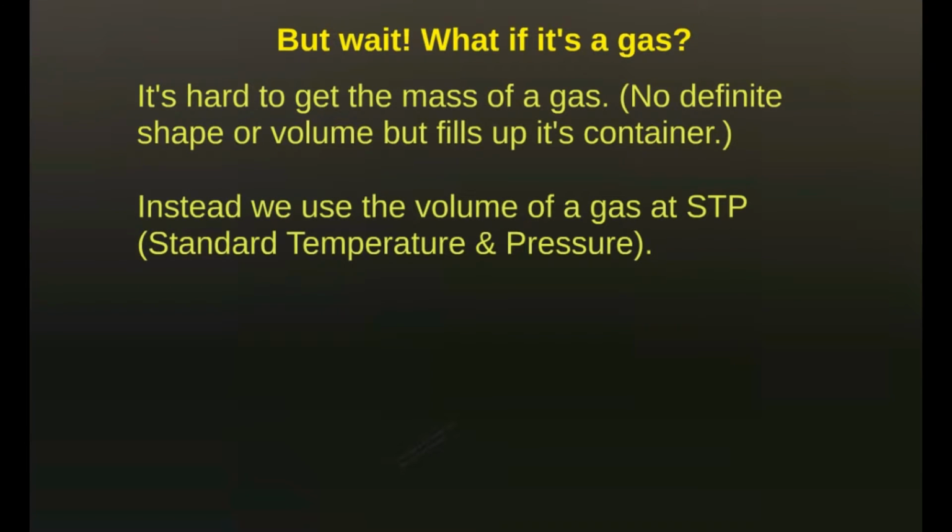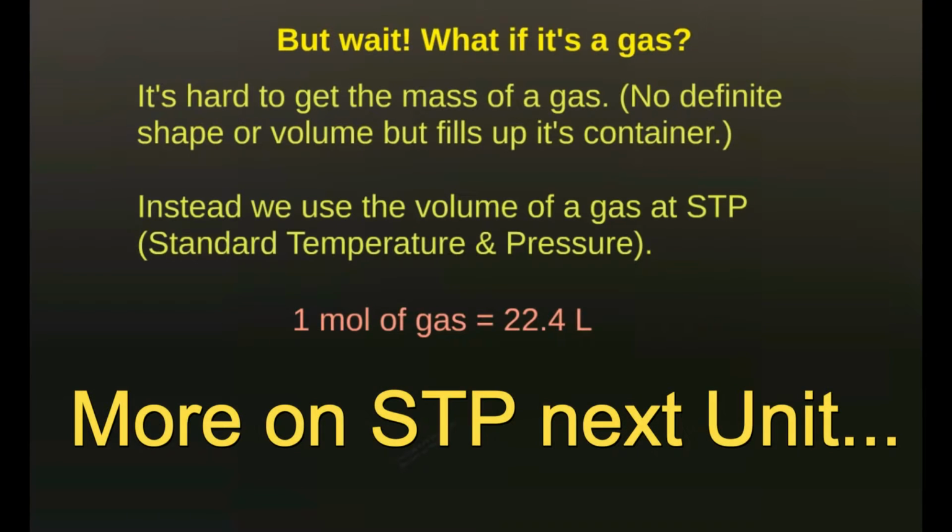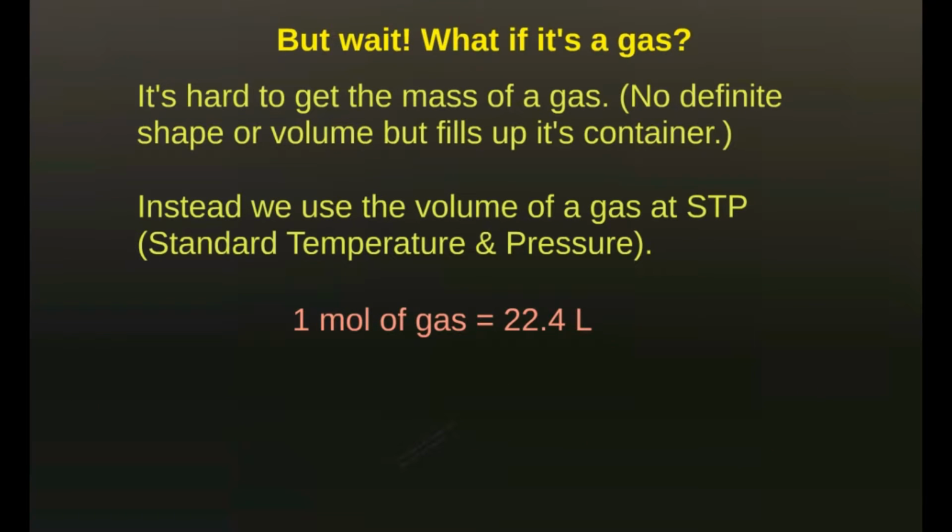We have to do this whole unit based on gases. So what we do is use something called STP, and no, it does not stand for Stone Temple Pilots or Standard Petroleum. I know you see it all the time. It stands for Standard Temperature and Pressure. Basically, if you have a mole of gas, for example oxygen, which is diatomic, you have two oxygens. 16 plus 16 is 32.